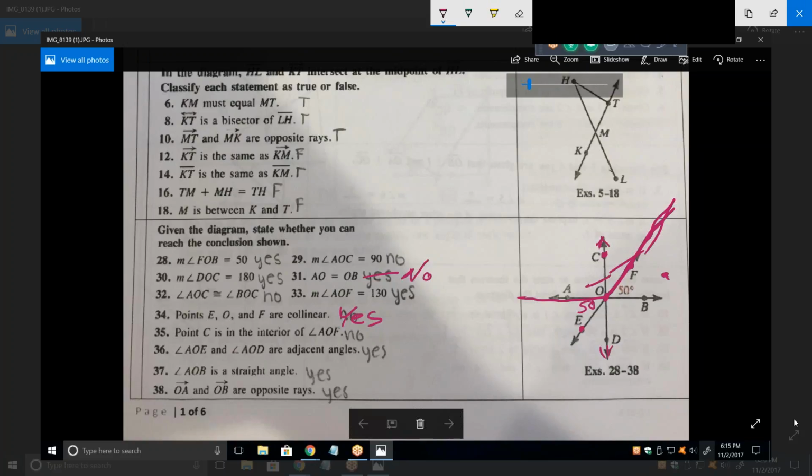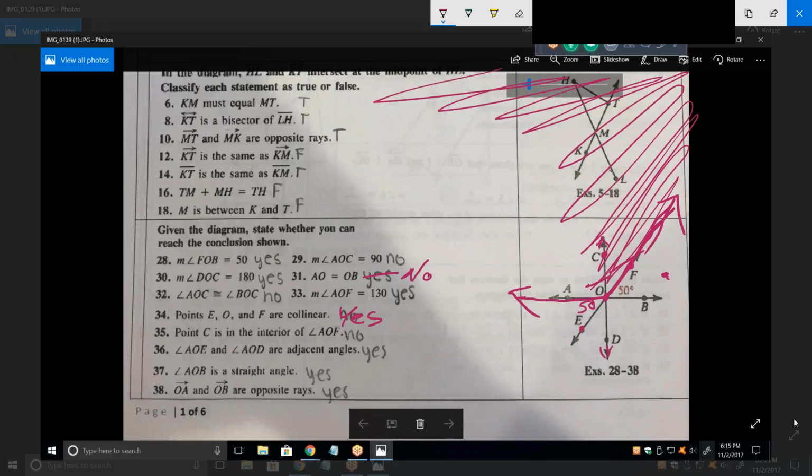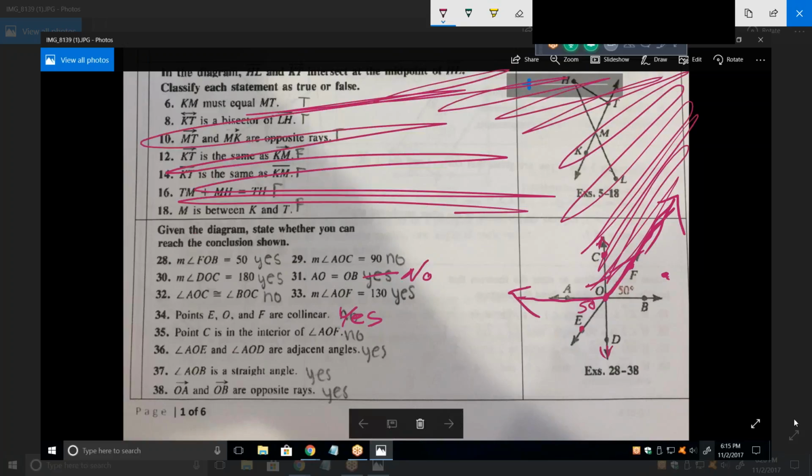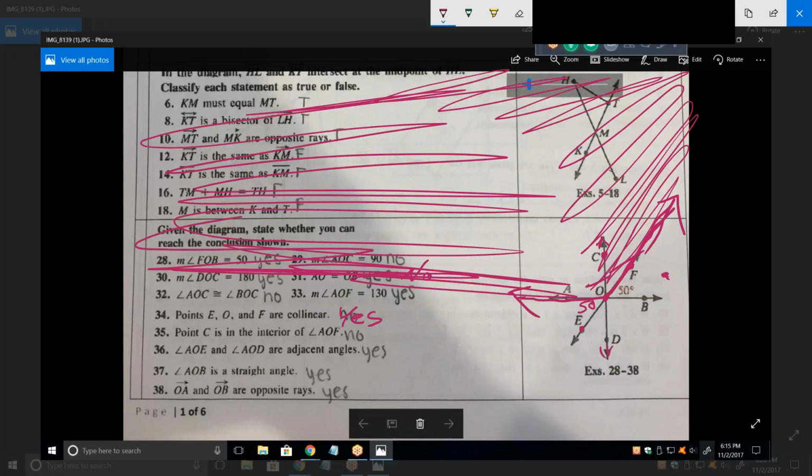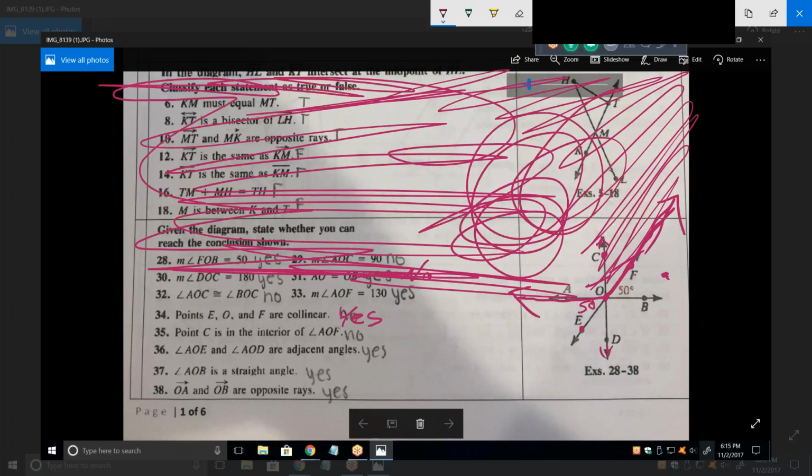As long as the rays go forever in both directions, then any point that falls in this region out to infinity is going to be the interior of that angle. Whereas, like I said, if I had a point over there, that would not be. Okay.